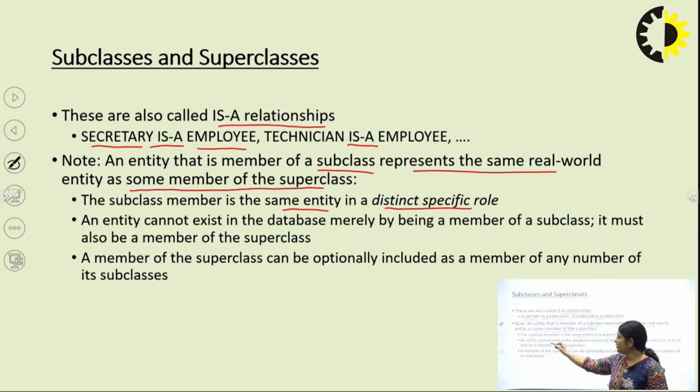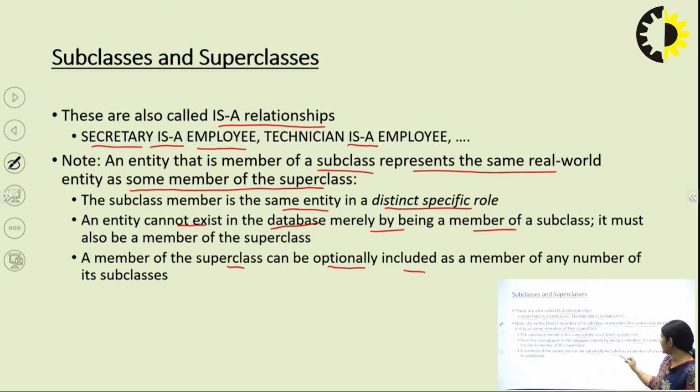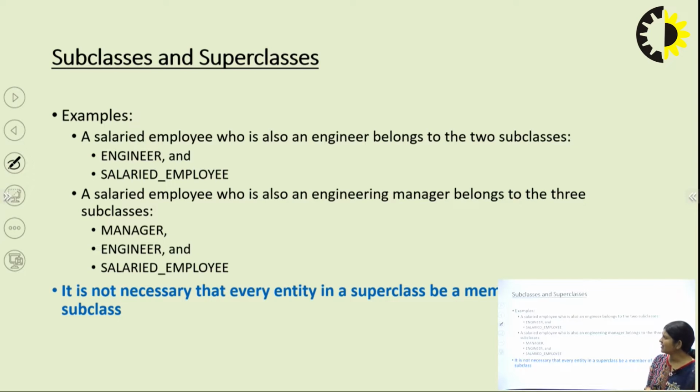An entity cannot exist in the database merely by being a member of the subclass. It should be a member of the superclass. So superclass is like a big category, and we have further small categories or subdivisions. A member of the superclass can be optionally included as a member of any of its subclasses. So it's not necessary that all the members of the superclass belong to a subclass. Let's take an example.